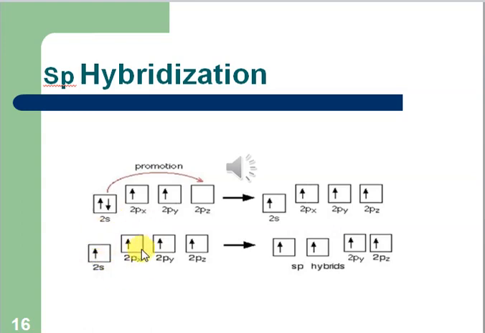So one s and one p all mix together, and we form 2 hybrid orbitals, which are called sp orbitals. These are the sp hybrid orbitals, while these 2 remain unhybridized orbitals. So in sp hybridization, we mix one s and one p and we get 2 sp hybrid orbitals, and we have 2 unhybridized p orbitals here.